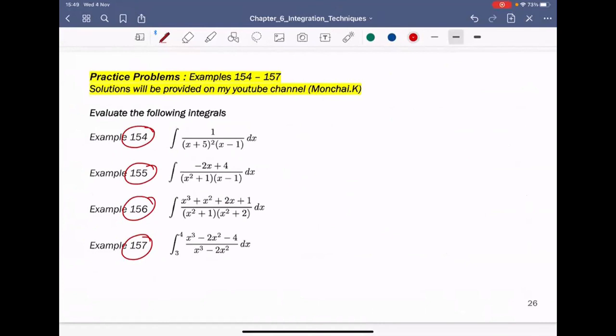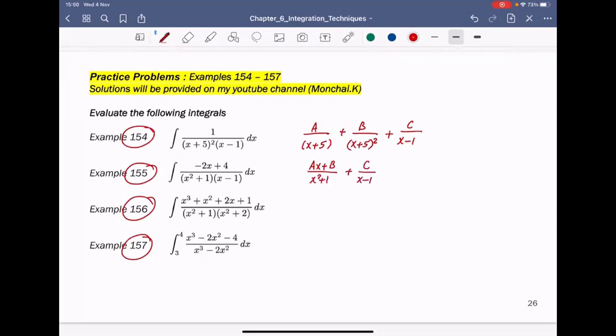For example, in 154, you have to do the decomposition like that, right? For me, this technique is super easy. You solve for A, B, C, and then you integrate. For the second one, this is going to be ax plus b over x squared plus 1 plus c over x minus 1, for example.